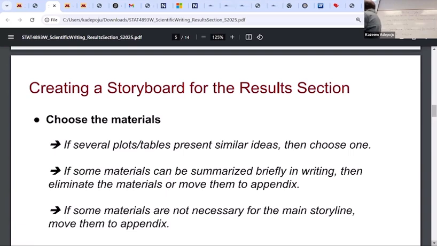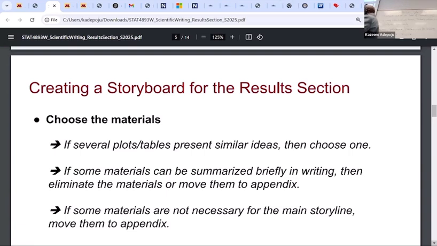And I said if some materials can be summarized briefly in writing, then eliminate the materials or move them to the appendix. That's why at times we allow as many as possible in the appendix. We can refer readers to the appendix in case they need more information, because there should be a kind of limit.